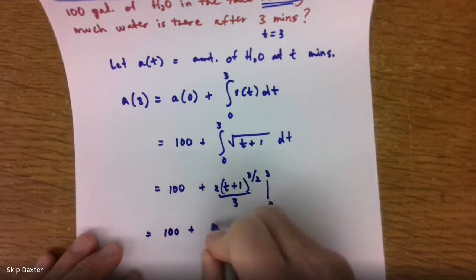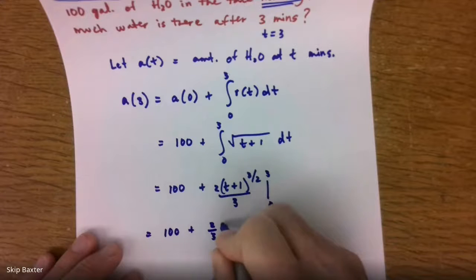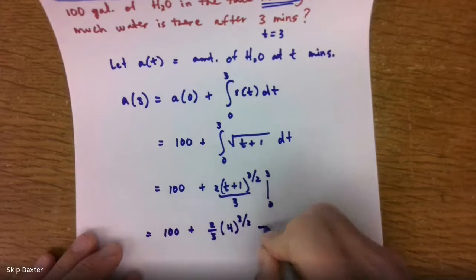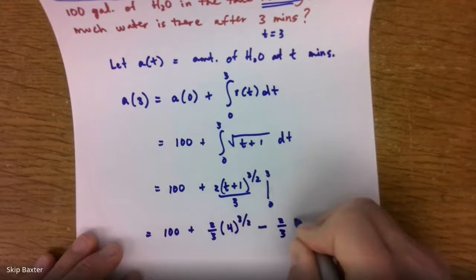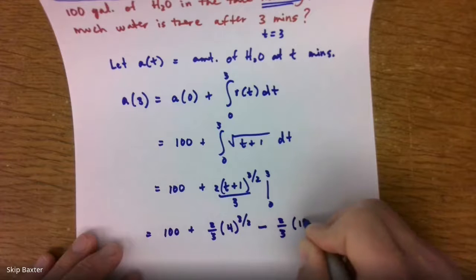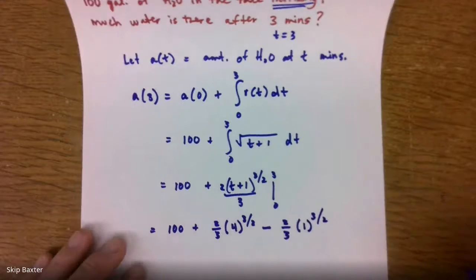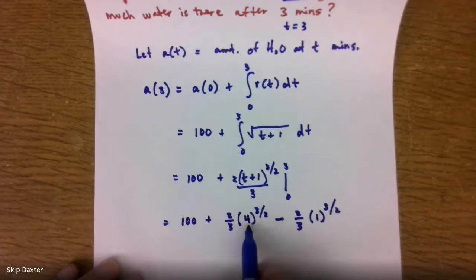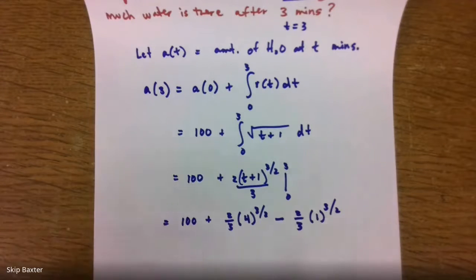This is 100 plus 2/3 of 4 to the 3 halves minus 2/3 of 1 to the 3 halves. So 4 to the 3 halves, that's the square root of 4 cubed, which is 8.